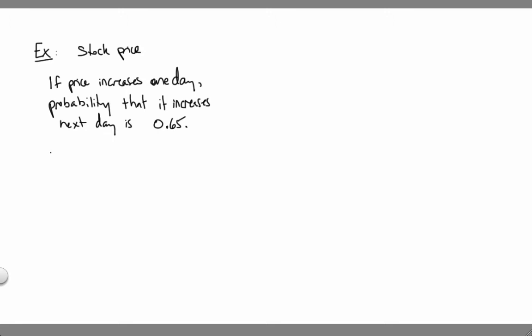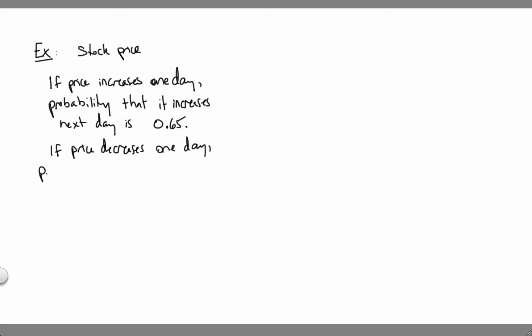Now we're going to say a similar kind of sentence, but with a few key differences. So if the price decreases one day, we need to have a sense of what's going to happen.